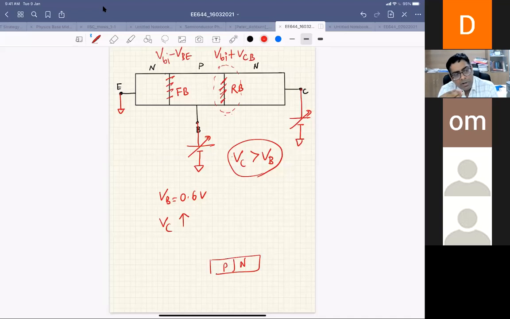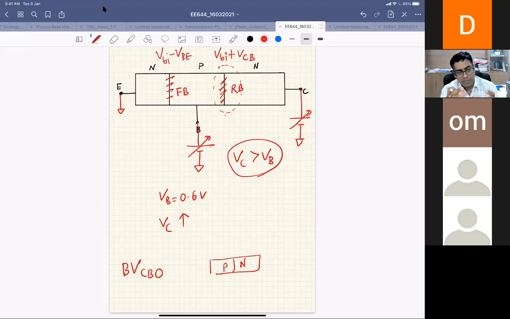But when you talk about the operation, I have two breakdown voltages in a bipolar junction transistor. One is the breakdown voltage BVCBO, right? You might have read about BVCBO earlier.